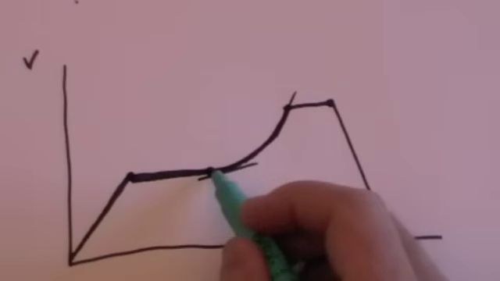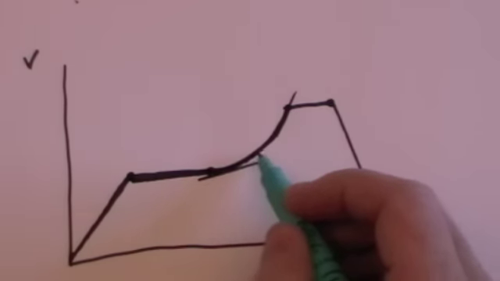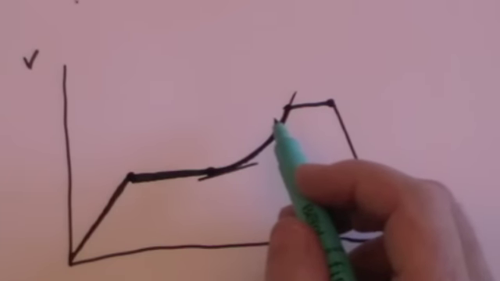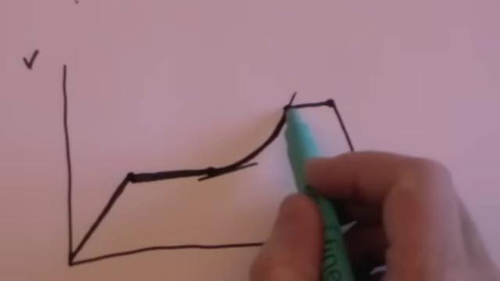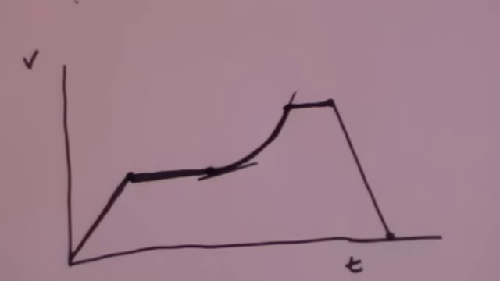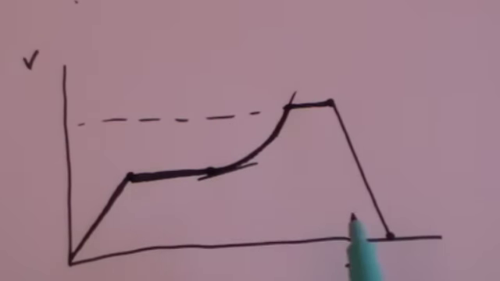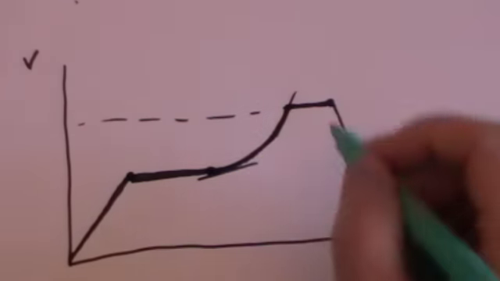So here we are putting our foot down on the accelerator ever harder. At this point, once again, it's a flat line, so we are keeping a constant velocity as time is going by. We're not accelerating or decelerating.